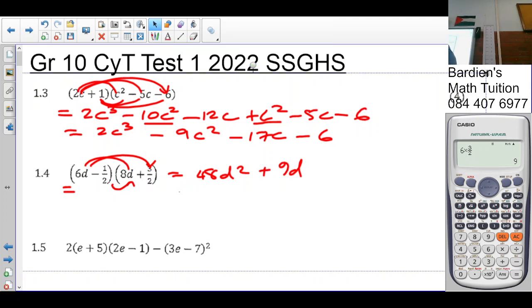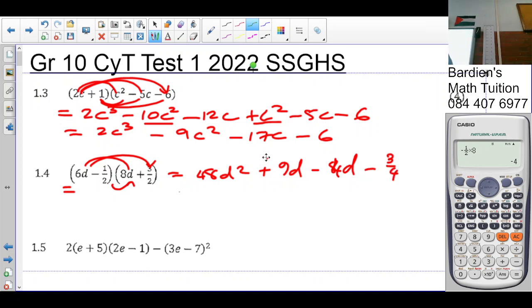Say we didn't know that, no problem. Negative a half times 8, it's so easy, negative 4d. Negative a half times 3 over 2, you can do that also in the calculator. You should get negative 3 over 4.